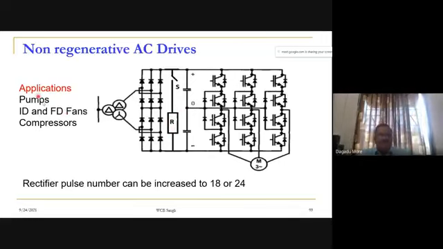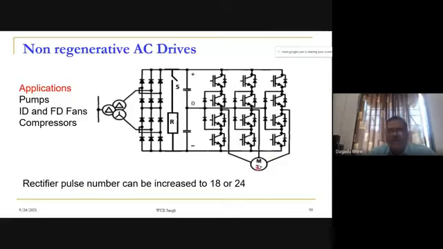Particularly in these induction motor drives, we use speed control with variable voltage, variable frequency, which you have already studied in one full subject on industrial drives and control. So we use the variable voltage, variable frequency principle for controlling the speed of the induction motor.